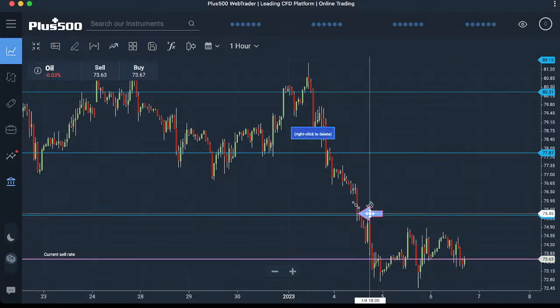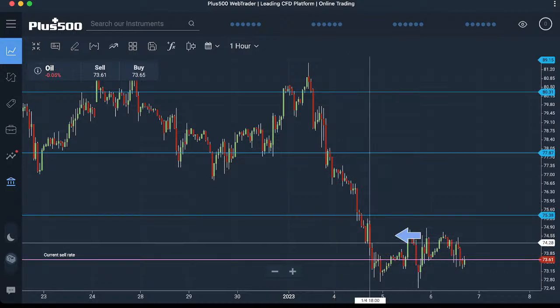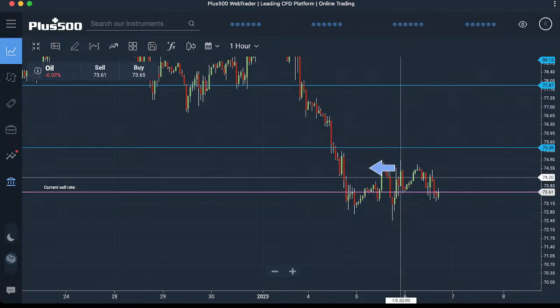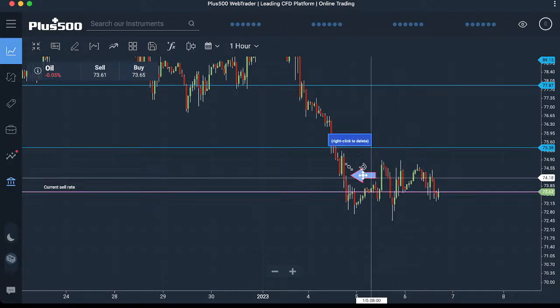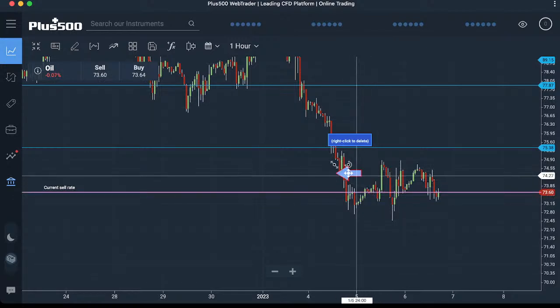And here, last example, you can see here again there's no fair value gap, but this one is a bearish order block.